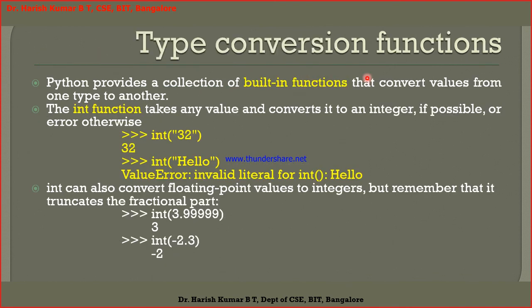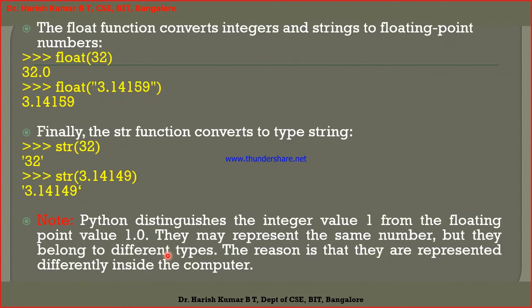Now type conversion functions, which we have already understood. Python provides a collection of built-in functions that convert a value from one type to another. Int is one such function which converts the given value into an integer. Here we have more examples: 3.99 converted into an integer, and int of minus 2.3 converted into integer minus 2.